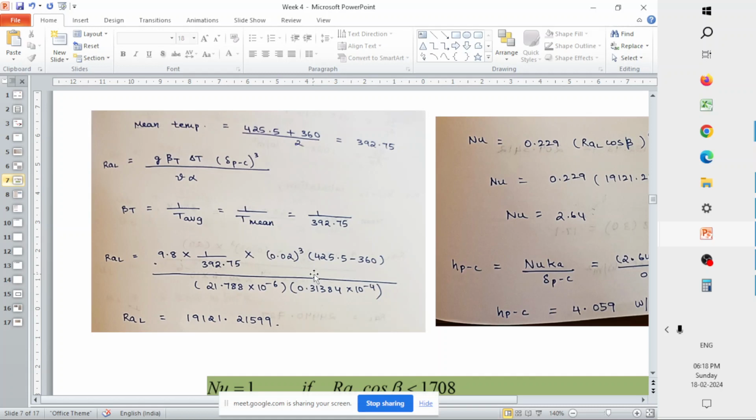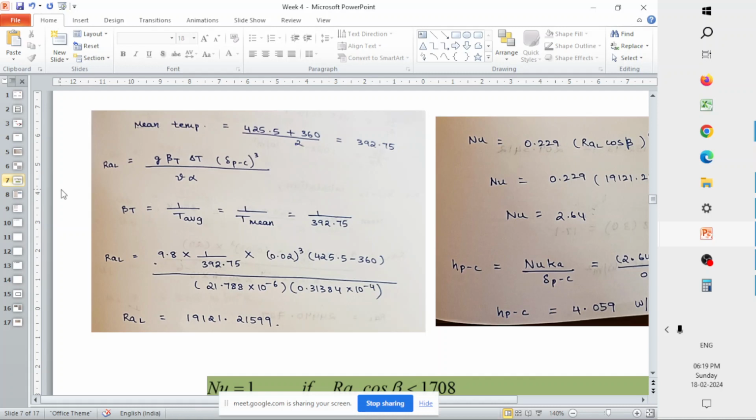So delta T should be between T of the absorber plate and T of the glass cover, which is 425.5 minus 360, and your delta PC, that is the spacing between the absorber plate and your cover, which is 0.02, the whole cube.